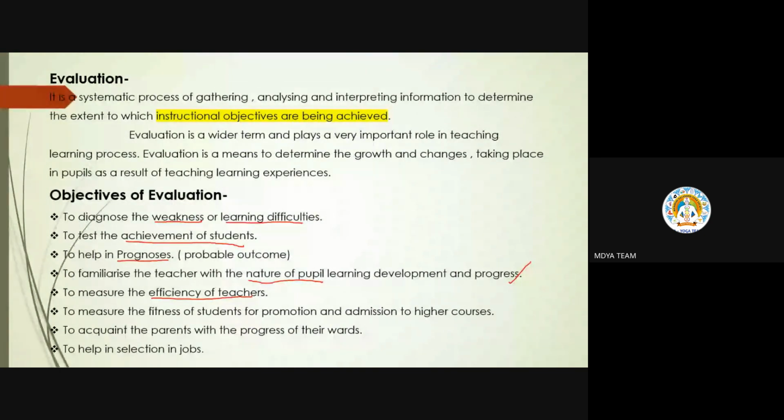After the test, the teacher takes a class again on the doubts and again takes a test. In that test again the class underperformed. So it means that there may be some problem with the teaching style, that the learners are not able to get the idea of what the teacher is teaching. So it also measures the efficiency of teachers.